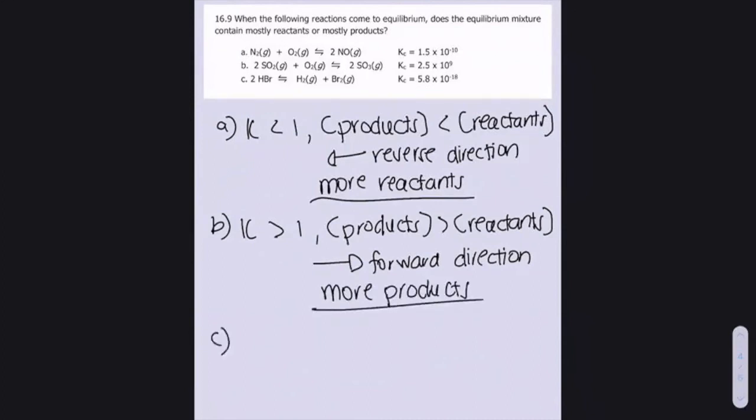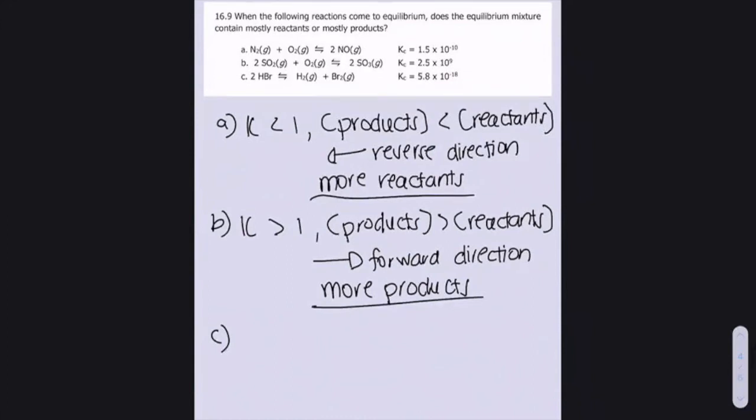For C, let's check if it's balanced. 2 hydrogens and 2 bromines on each side. And the value of K is 5.8 times 10 to the negative 18th. So K is less than 1 for this problem.